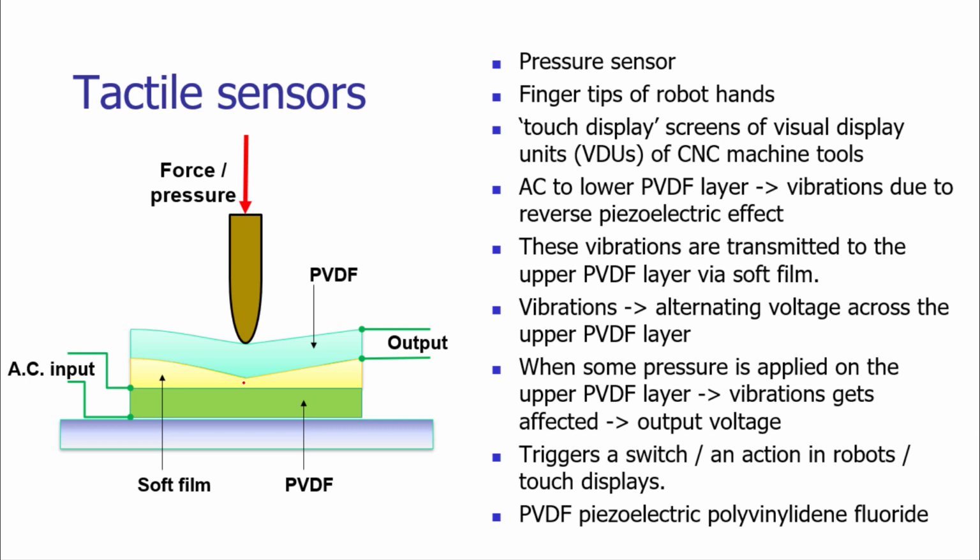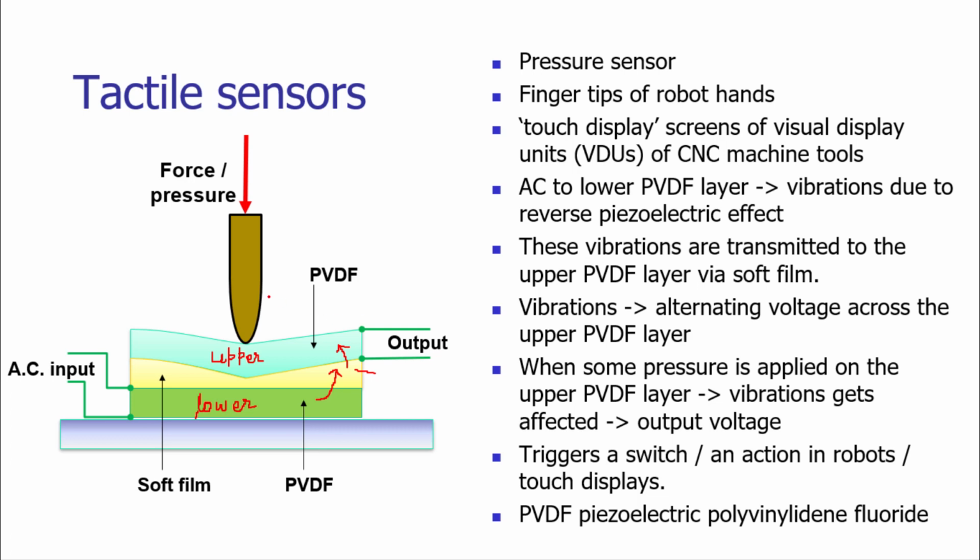These vibrations will be transferred to the upper PVDF layer. The upper layer is also piezoelectric material layer. Due to the vibrations inside this upper layer, there would be generation of electrical potential. With uniform supply of the AC input, we are getting uniform output across the upper PVDF layer.